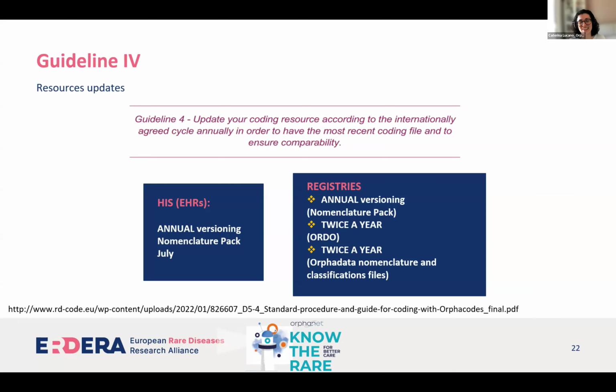And this is in order to have the most recent coding file and to ensure comparability between the codes. So for hospital systems, we recommend the annual version of the nomenclature pack, while for the registries, there can be either the annual version or a release that is done twice per year according to the data that they prefer to use.